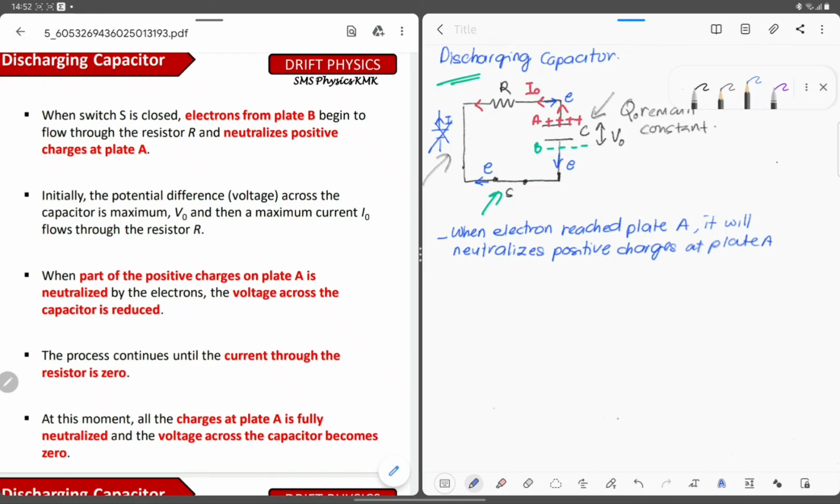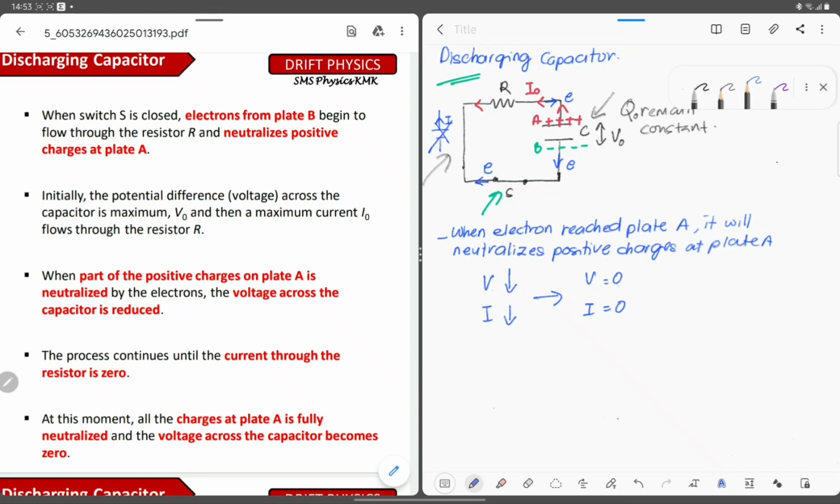When it's neutralized, what happened across the capacitor? The voltage that just now was V0 now starts to decrease to a certain value. And when V decreases, I will also decrease. Both quantities will decrease until V equals 0 and I also approximately equals 0.